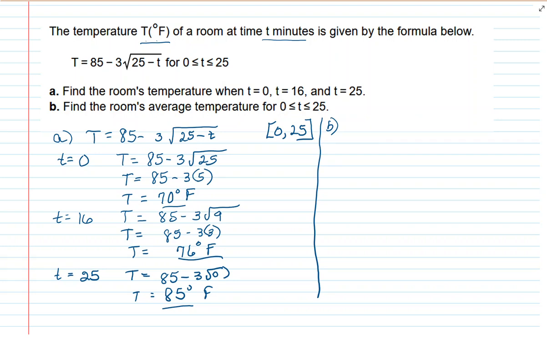Well, this is where our integral comes through. And we know that in this case, it's an integral of 1 over b minus a of the integral ab of the function f of x dx. So we're going to do that. So this is going to be 1 over 25 of the integral from 0 to 25 of our function.